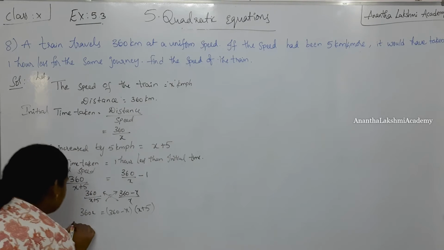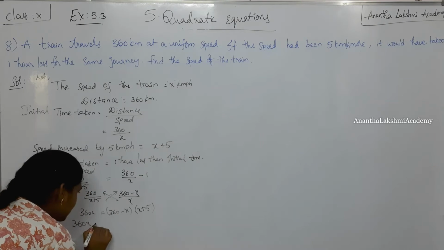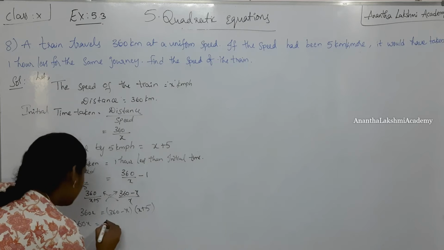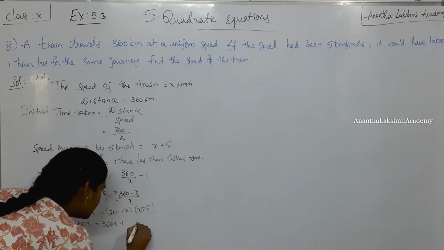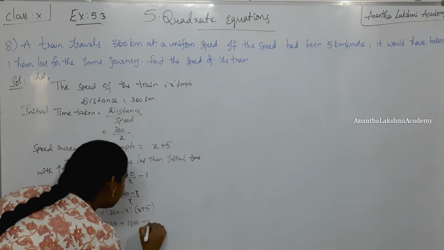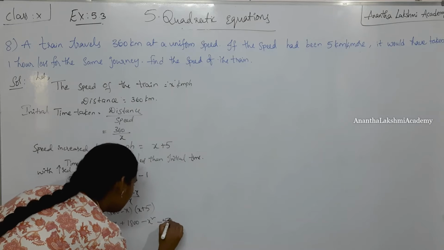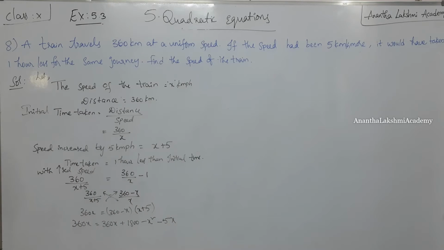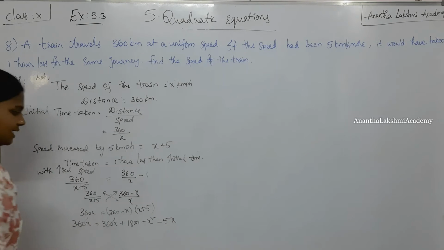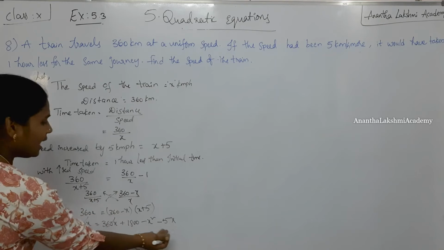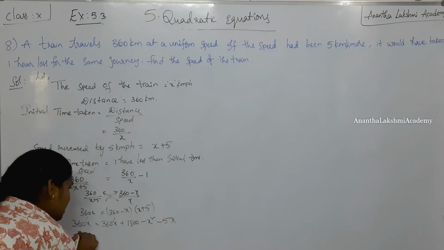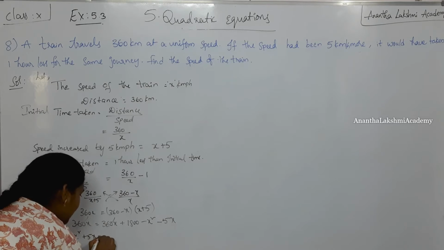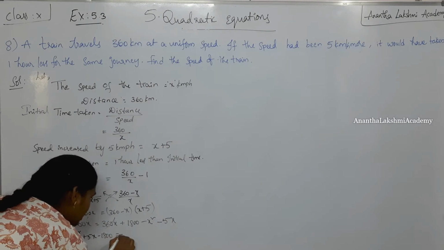Alright, now 360x is equal to, let us multiply these terms. 360x plus 5 zeros are 0, 5 6s are 30, 5 3s are 15, 1800. This is minus x square minus 5x. Alright, 360x and 360x get cancelled. So x square is negative. So let us get this equation to the other side. This becomes x square plus 5x minus 1800 is equal to 0.